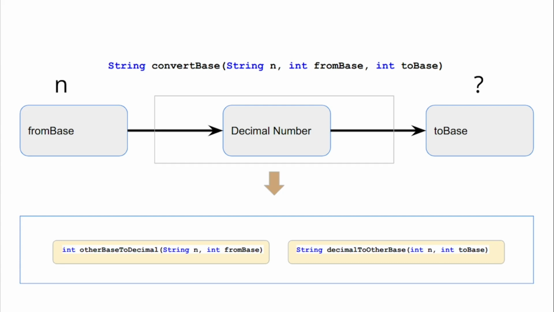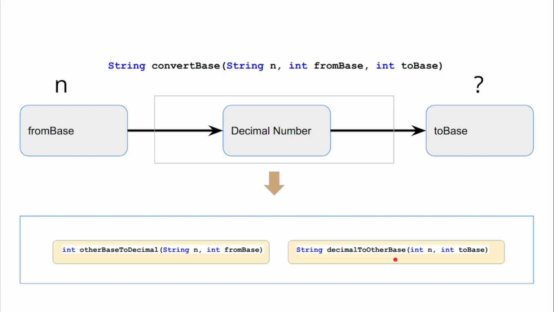The top level method will be convert base, which will be called by the user to convert n from the required base to the target base. This convert base method will call two other methods, both of which will be recursive, called other base to decimal and decimal to other base.